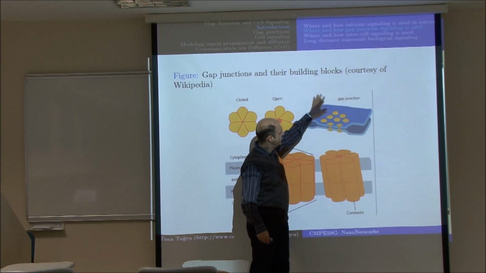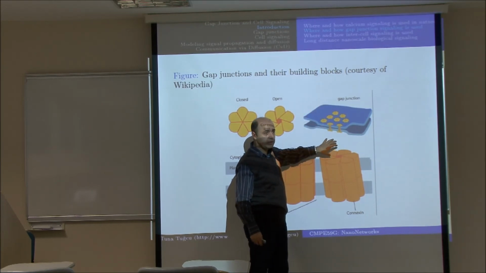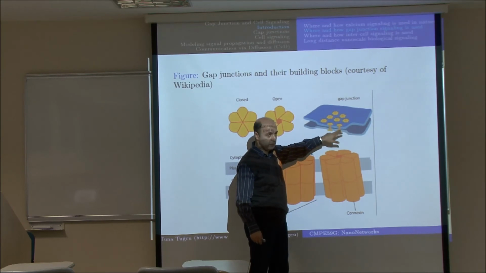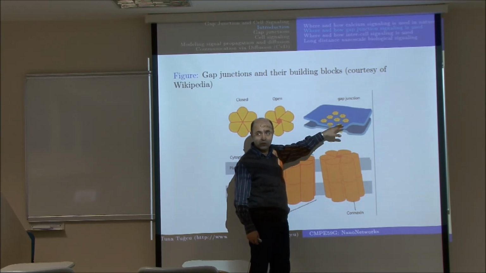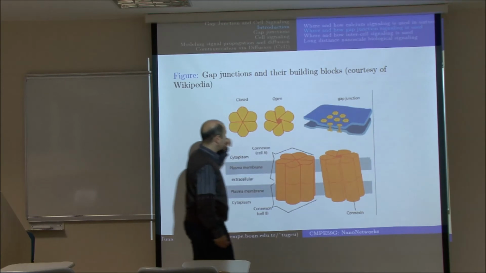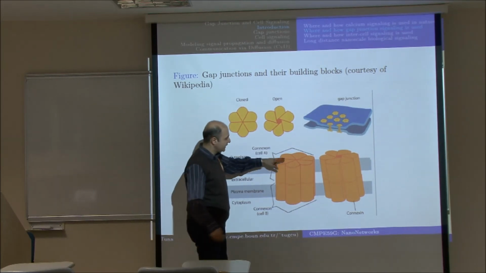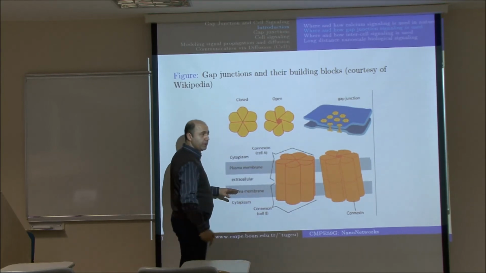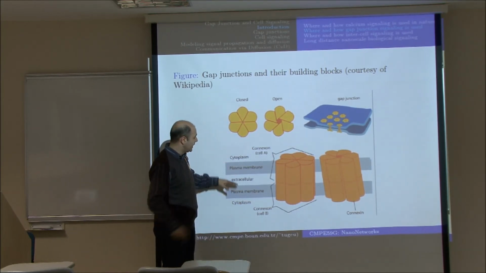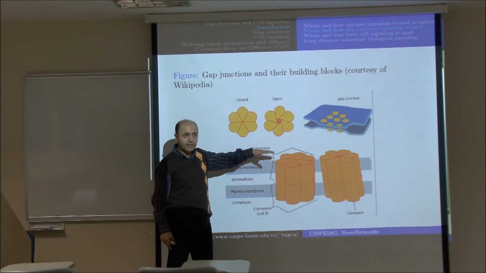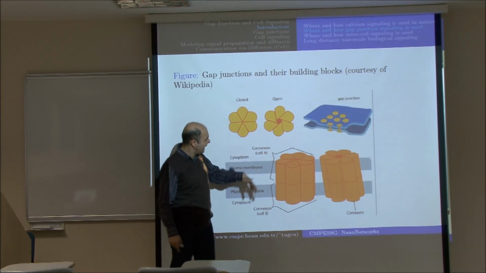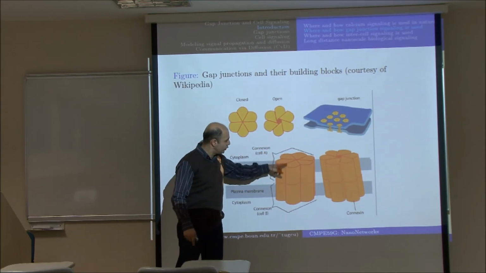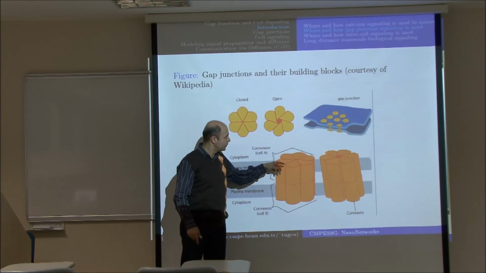so that the cytoplasm here can be connected to that cytoplasm as long as one or some of these gap junctions are open. Each one of these is actually a structure like this. This is the lower layer here, the membrane of the lower cell, and this is the membrane of the upper cell. And these are the connexin molecules.